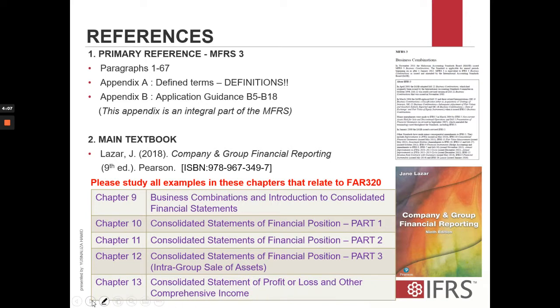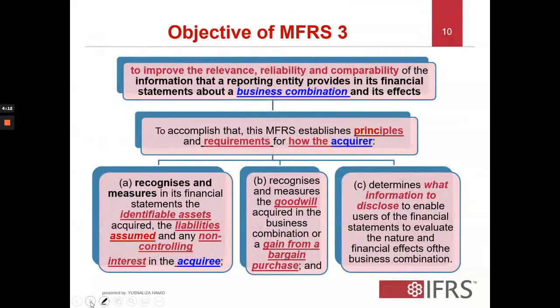What we will do now is not prepare that, but go into the central part, MFRS 3 itself. So what is the objective of MFRS 3? This is to improve the relevance, reliability and comparability of the information reported in the financial statements about a business combination and its effects.